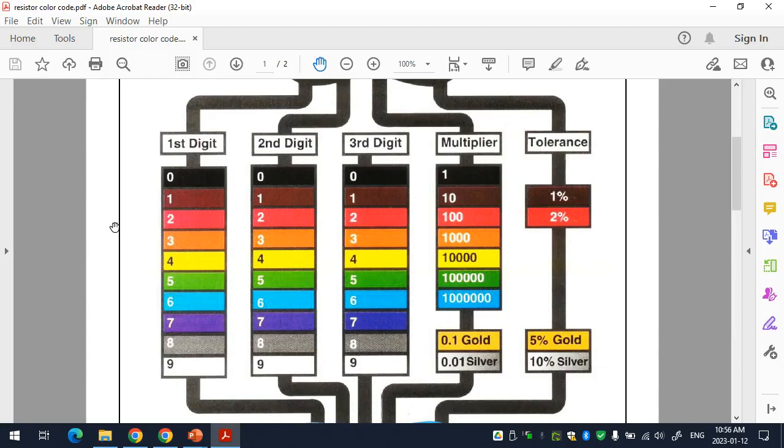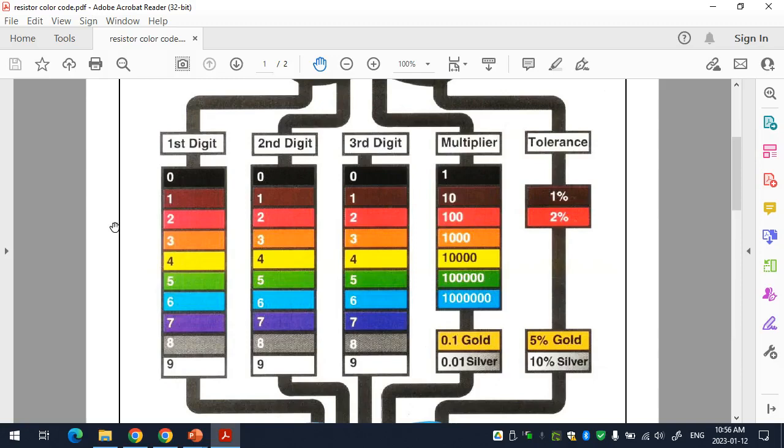Is this gold or silver? Silver. What does silver mean? You have as much error as 10% of your value. So what's red? Red is 2.